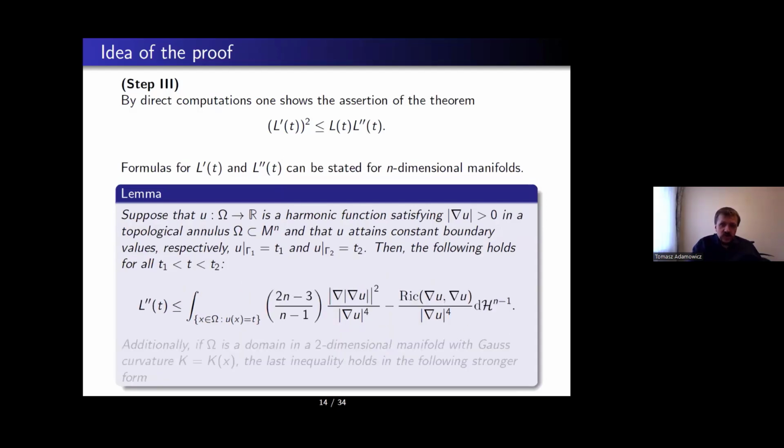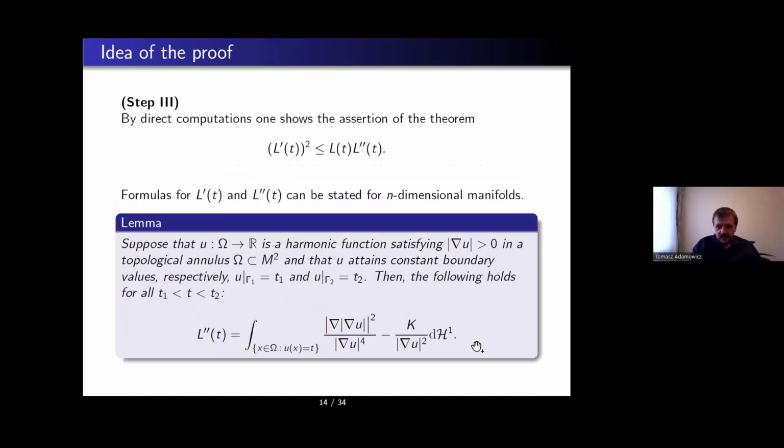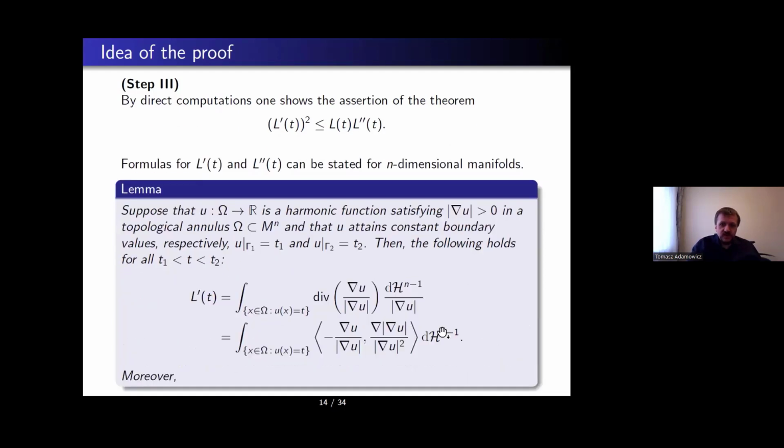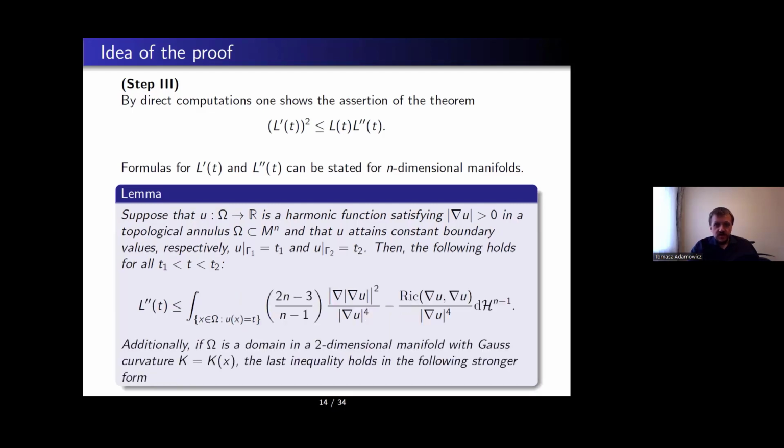And moreover, we have the following inequality for the second derivative of L. But if omega turns out to be a domain in a 2-dimensional manifold, then this inequality takes the stronger form of equality. So on 2-manifolds, we have the following identity. And if you combine L double prime with equations for L prime and use some standard inequalities, then you arrive at the assertion of the isoperimetric inequality.